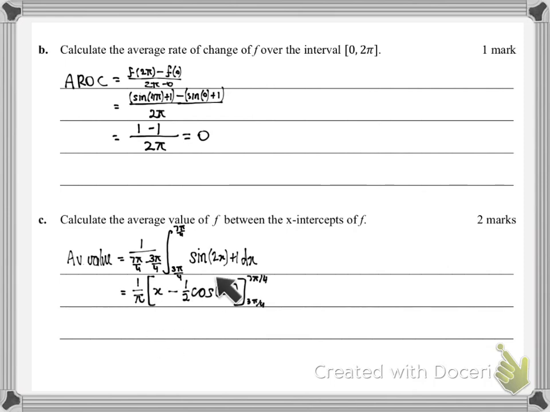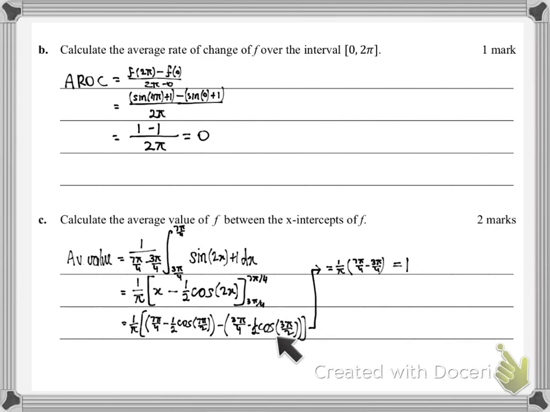Integrate our function, the integral of 1 goes to x. The integral of a sine function goes to a negative cos with this factor of 2 comes out as a half at the front. And we're going to evaluate it at the endpoints. So we substitute in the top number 7 pi on 4, and then we subtract and substitute in the bottom number 3 pi on 4 and evaluate.